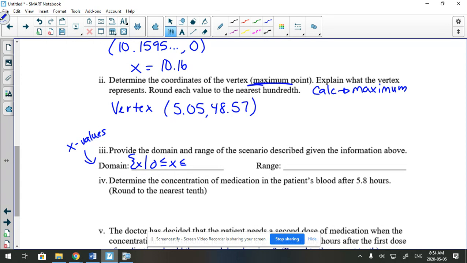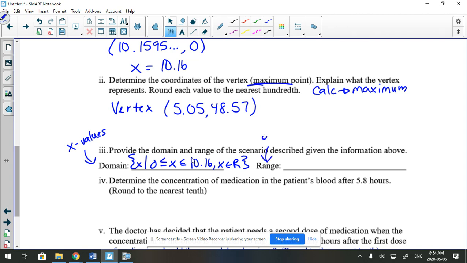It was 10.16. So for my domain, x is all the values between 0 and 10.16. In other words, all the time between 0 and 10 hours later, because that's when the medication is actually in your blood.